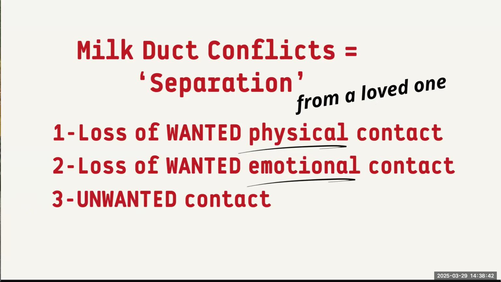Because symbolically, think of these milk ducts like invisible strings connecting your heart to their heart. That's what I was using for my own remembering, like they're emotional strings connected to my loved one. So when my loved one pulls away, it feels like those threads have been torn from me or ripped from me. That's the theme of separation.